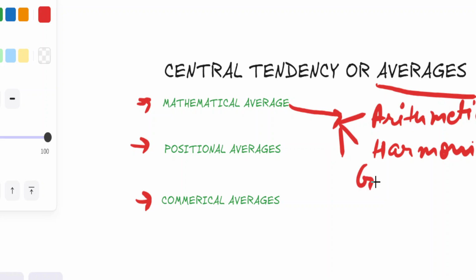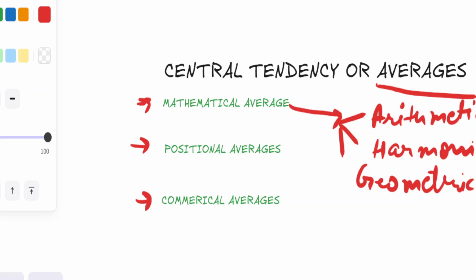Third is geometric mean, which is also known as GM. These are three mathematical averages because we need to use some formulas to calculate them, or these averages are calculated in a mathematical way.